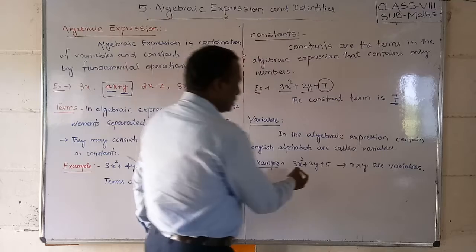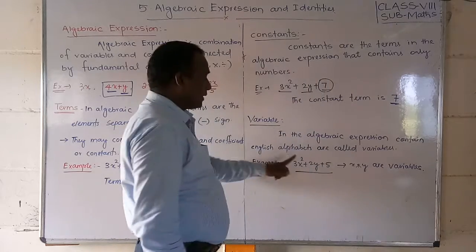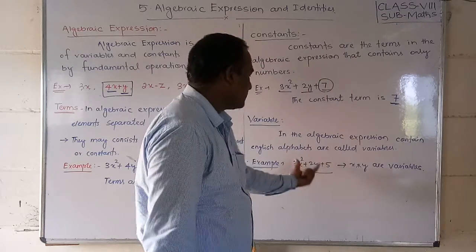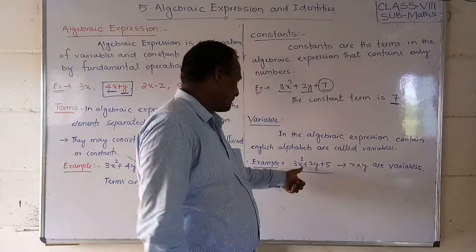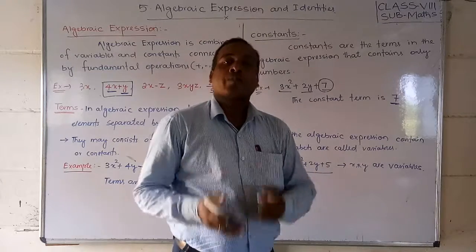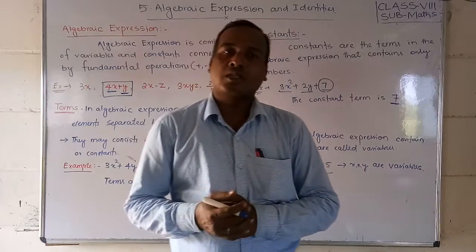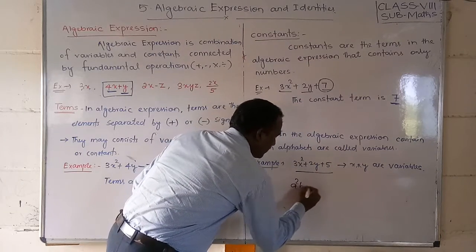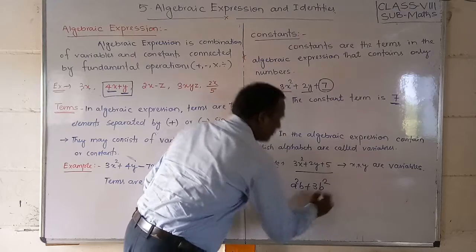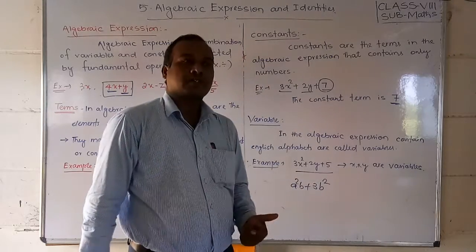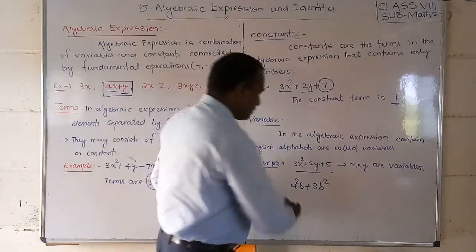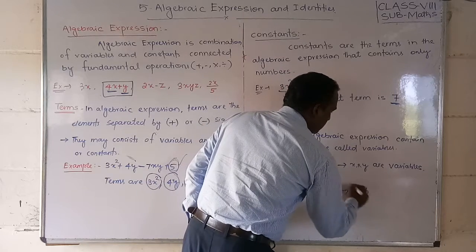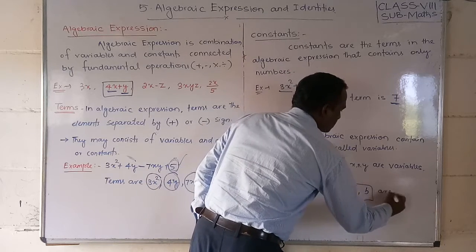See, students, the example 3x square plus 2y plus 5. In this, what are the English alphabets? x is there and y is there. So x and y are called variables. Suppose I write a square b plus 3b square. This is an algebraic expression. What are the variables? a and b are the variables.